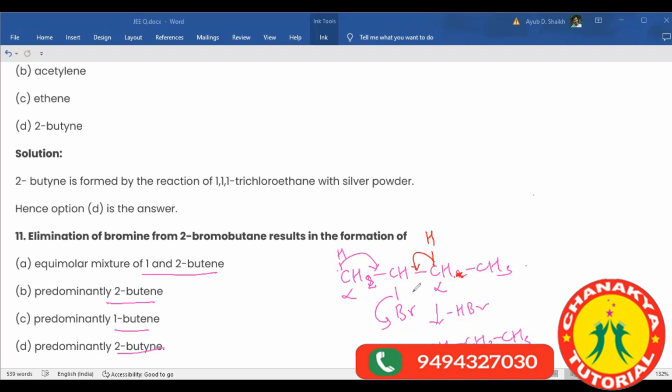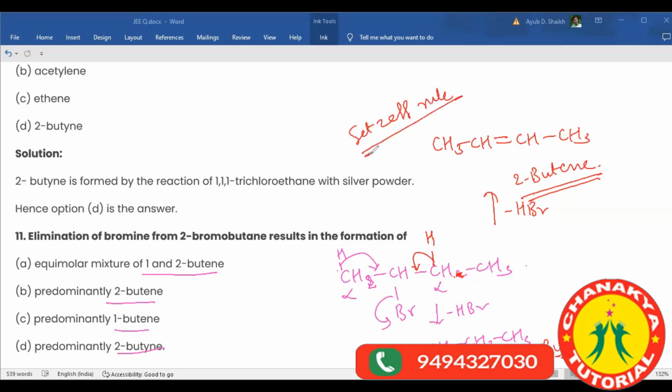So this will form the double bond between your second and third carbon, and your Br would depart, and another product would be formed by minus HBr. You will get CH3-CH=CH-CH3. So this is your 1-butene, and this would be your 2-butene, right? So according to your Saytzeff rule, which rule, girls? Saytzeff rule.